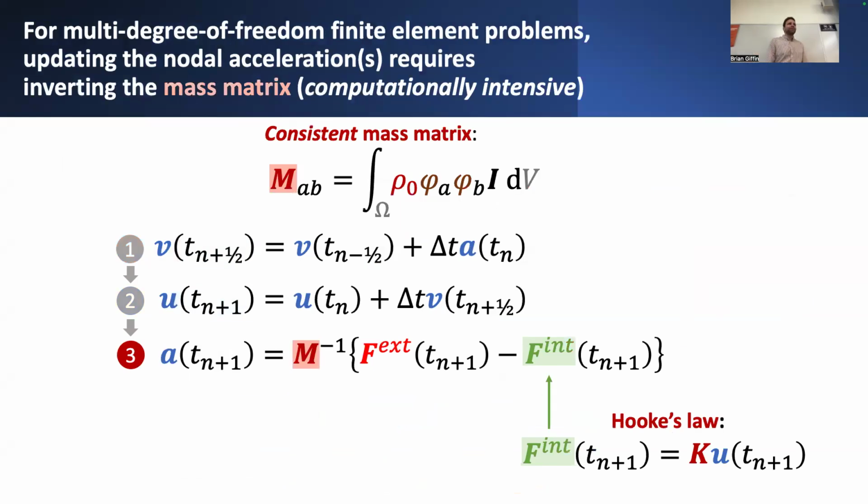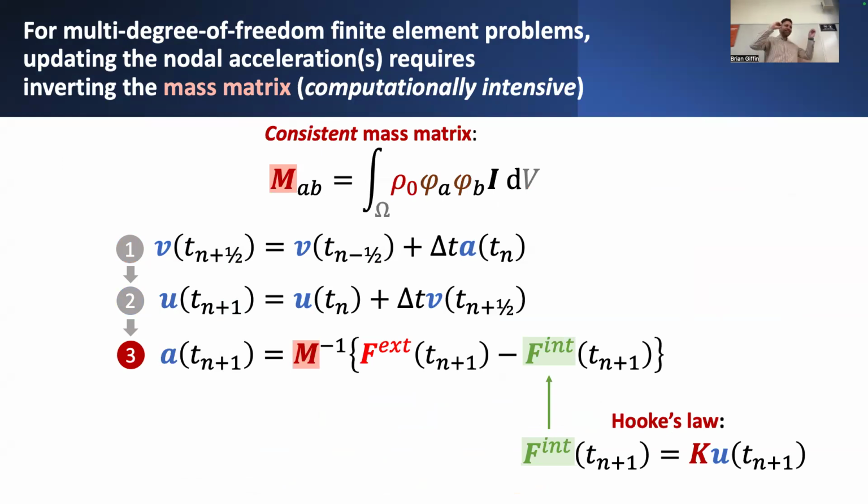And what happens when we now consider integrating our equations of motion for not just a single degree of freedom, like a spring with a mass attached to the end, but now a whole structure where each individual node can independently vibrate in this fashion.